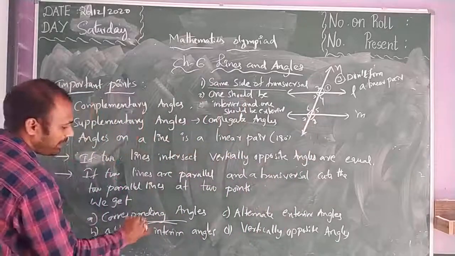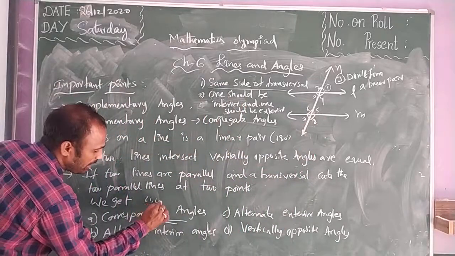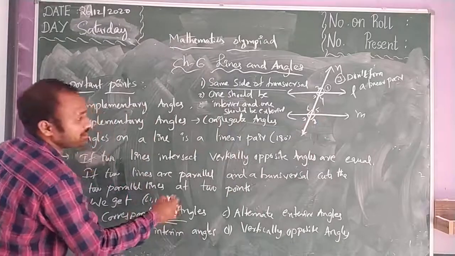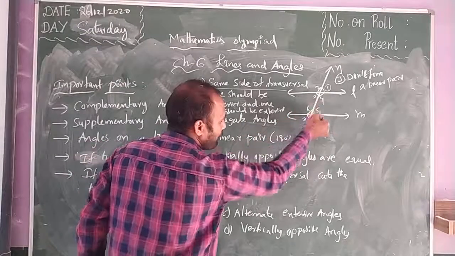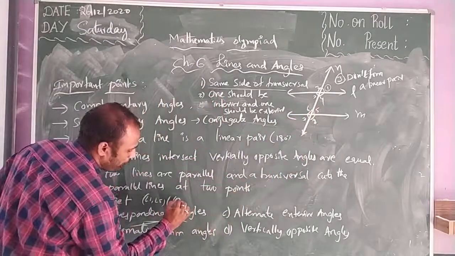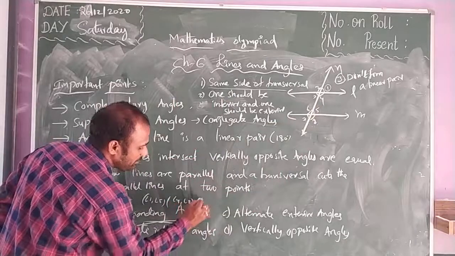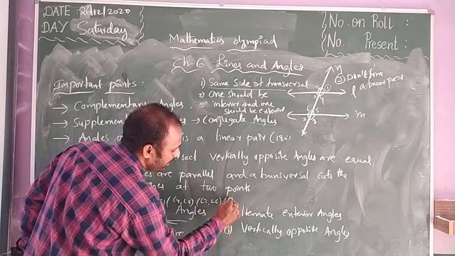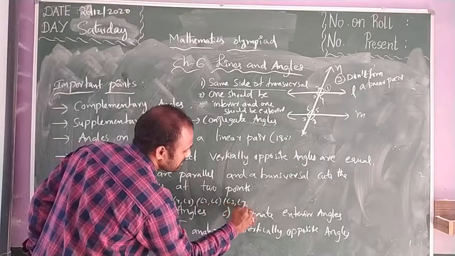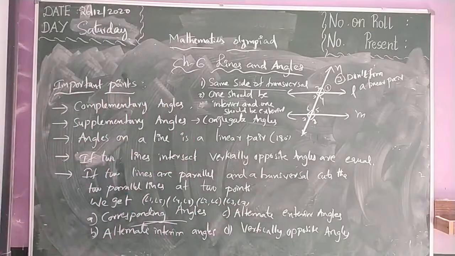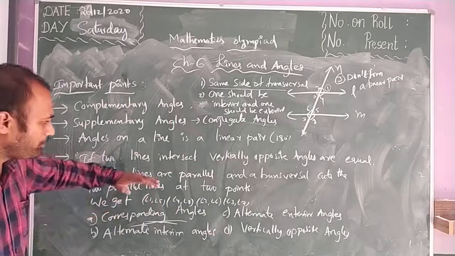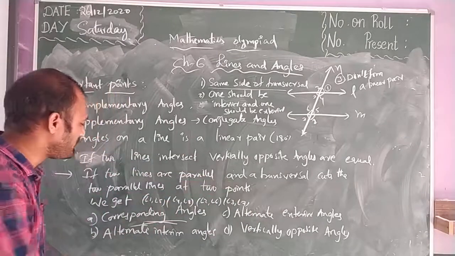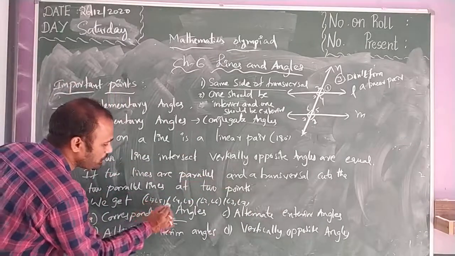So corresponding angles will be angle 1 comma angle 5. In the similar way, if I take angle 4, so angle 4 comma angle 8, next angle 2 comma angle 6, angle 3 comma angle 7. So these are called as corresponding angles. And moreover, if two lines are parallel and transversal, these corresponding angles are also equal.